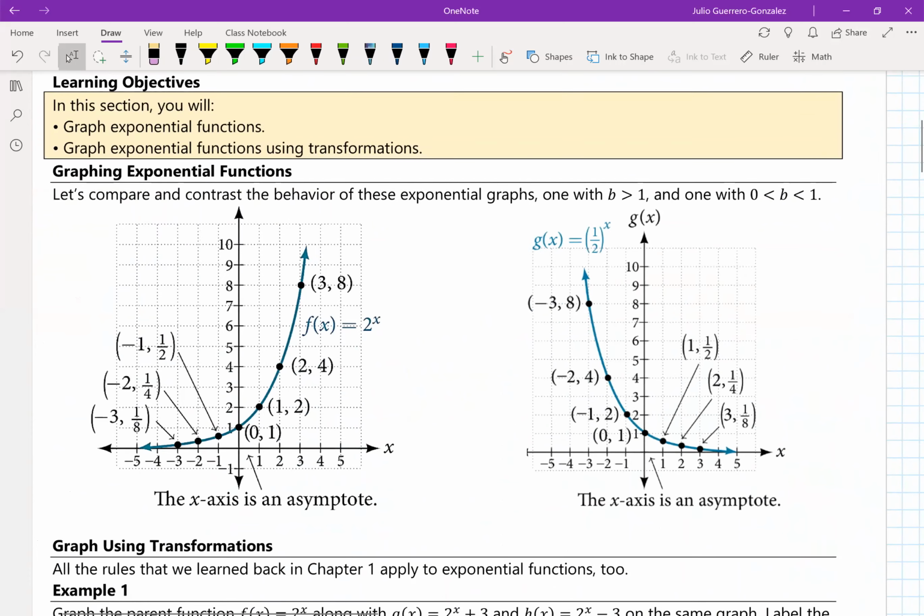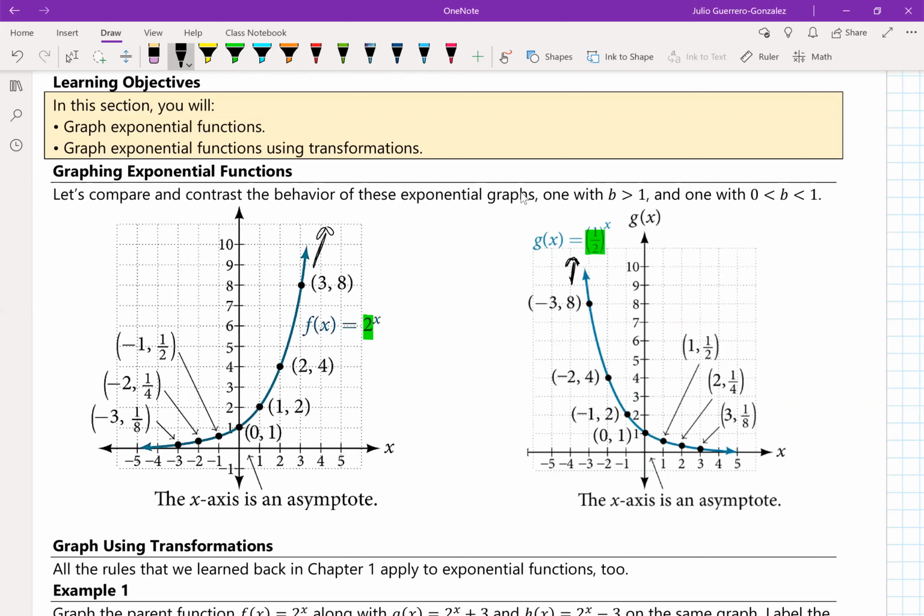So here I give you guys two graphs. And these two graphs are for f of x equals 2 to the x and g of x equals 1/2 to the x. Specifically, I want to look at these two things. This one has a 2 and this one has a 1/2, right? And this one's shooting upward in that direction, and this one's shooting upward in the other direction, right?